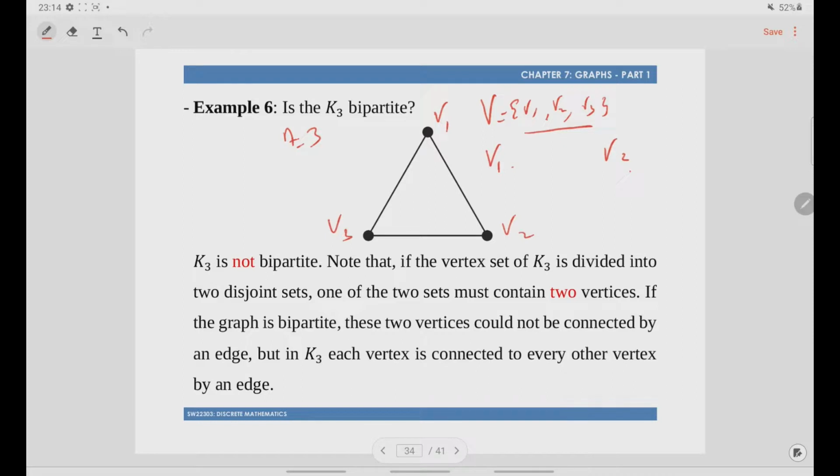If the graph is bipartite, these 2 vertices could not be connected by an edge. But in K3, each vertex is connected to every other vertex by an edge. So that's why the conclusion is K3 is not bipartite. So don't worry, later I'll give you the way to determine whether the given graph is bipartite or not. I'll show you an easier way to answer this kind of question.